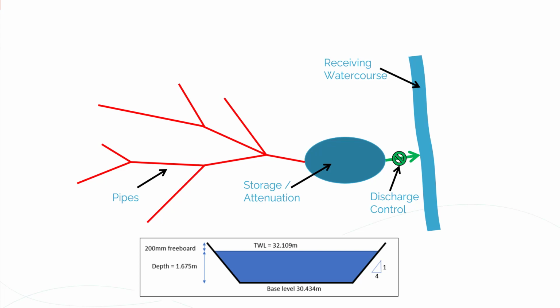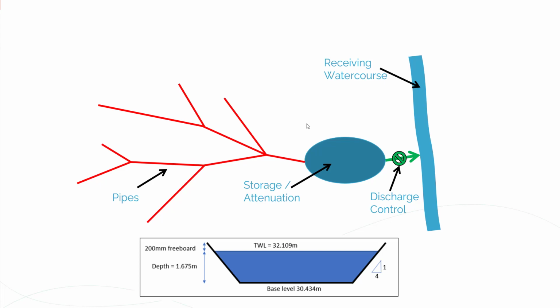So it's going to arrive at our discharge point much more quickly than it did before. So the traditional solution to that is to build a storage or attenuation structure just upstream of the outfall, store the water there, and release it slowly into the receiving watercourse such that we don't exceed the limit of discharge. And that's the exercise that we're going to look at right now.